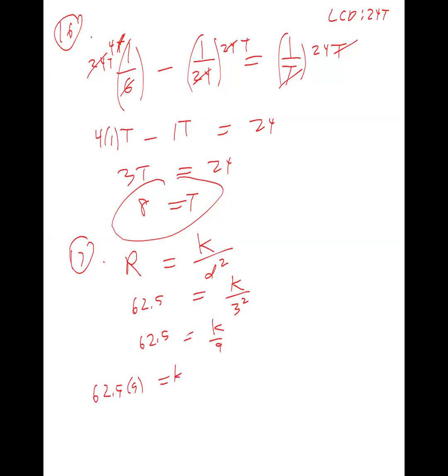And then we're going to use the equation again. Radiation equals k, which is 62.5 times 9 divided by distance squared. And in the second case, the distance is equal to 2.4. So if you plug in 2.4 squared and you calculate with your calculator, you'll get a radiation level of 97.7. So that's the end.